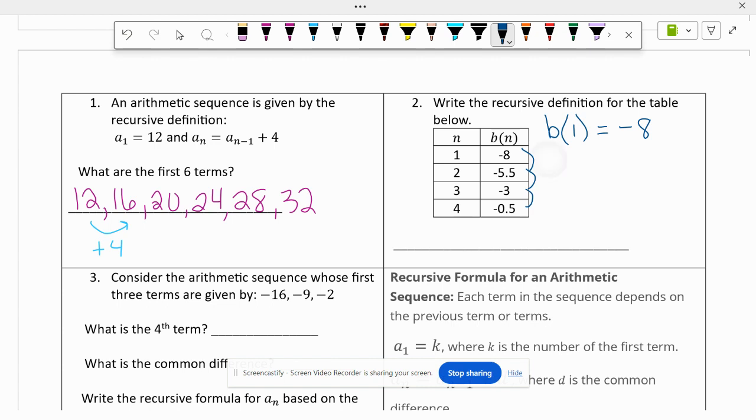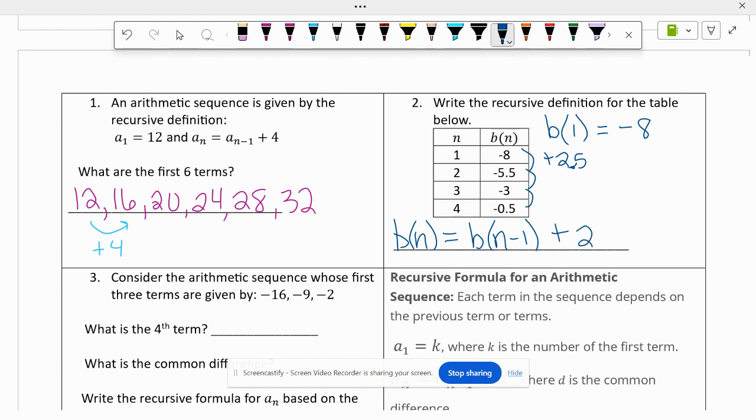Yeah, I'm adding 2.5 each time. Okay, so let's see. B of n equals B of the previous term, n minus 1. And what am I adding each time, Hayden?